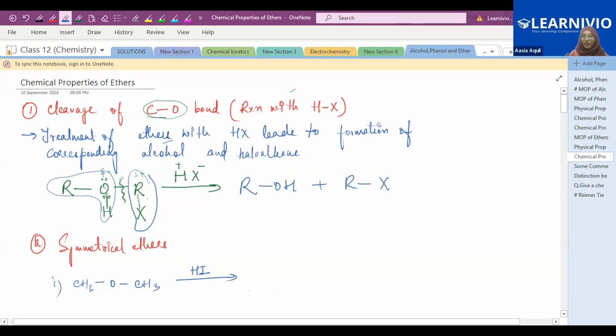The oxygen will make a bond with the hydrogen atom because it is H plus, and the R group will bond with X, the halogen atom, X minus. That's how they will make the bond, and the products are ROH and RX. The bond cleaves and you get two products, alcohol plus alkyl halide. Is it clear, Safrina?